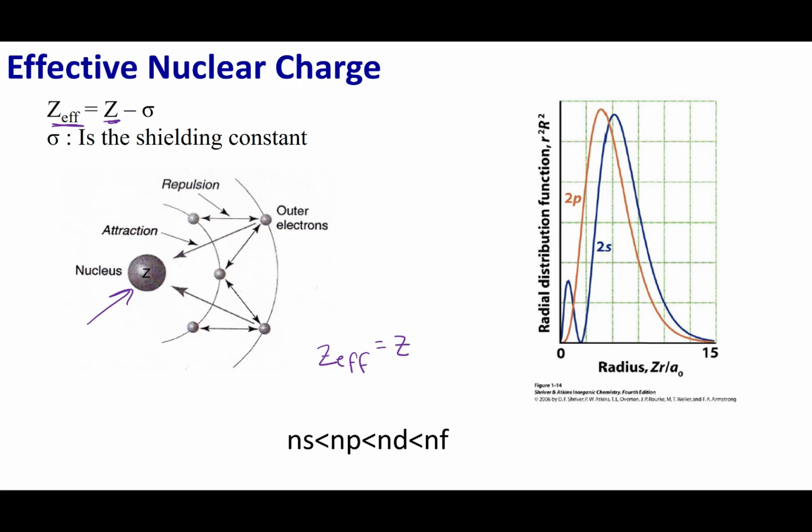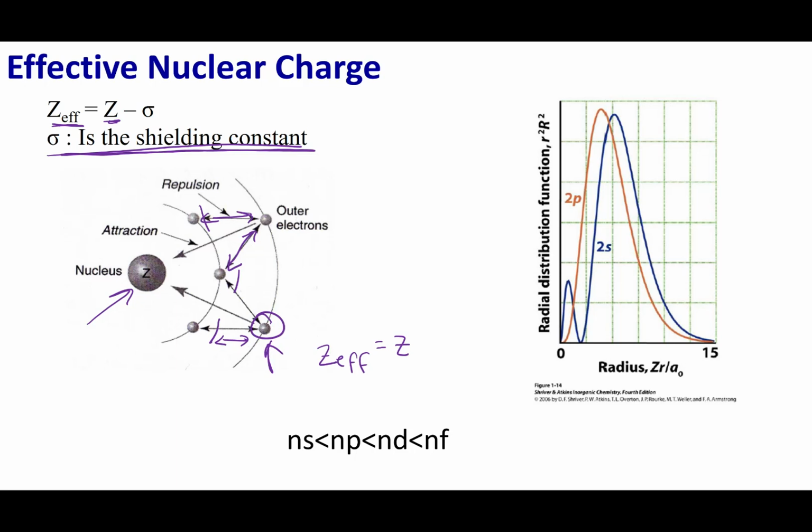However, if I start looking at outer electrons, you will notice that these electrons right here are blocked by these inner electrons. These inner electrons are going to start pushing the outer electrons away. What that means is that these inner electrons are shielding those outer electrons.